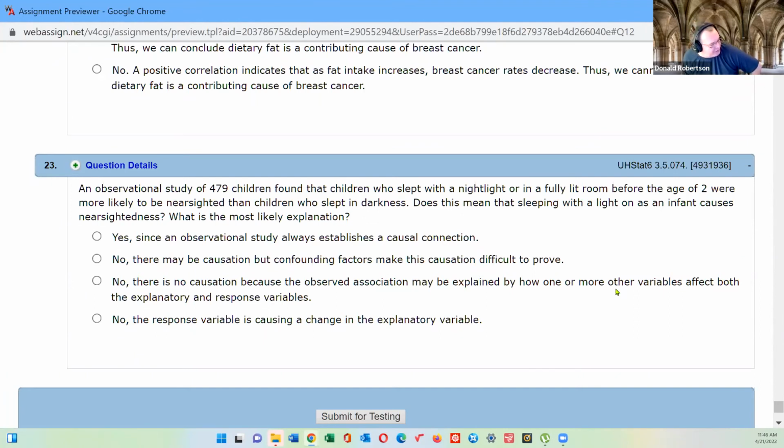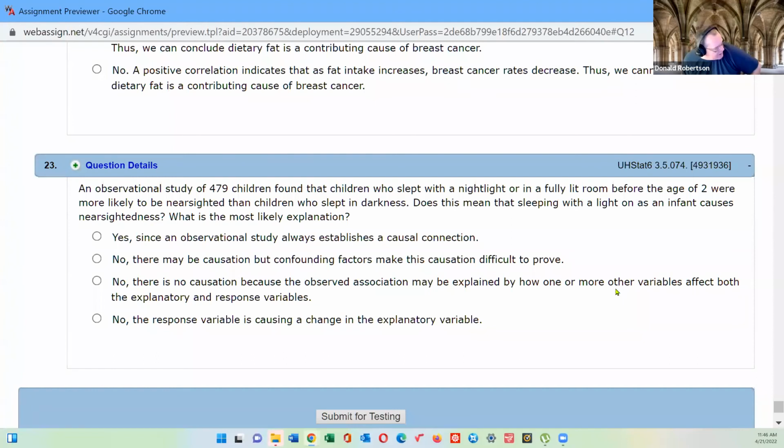And then they finish with, what is the most likely explanation? Okay, let's see what the choices are. Yes, since it's an observational study, that always establishes a causal connection. I would never say that answer to anything, right? Remember the TVs and life rate?